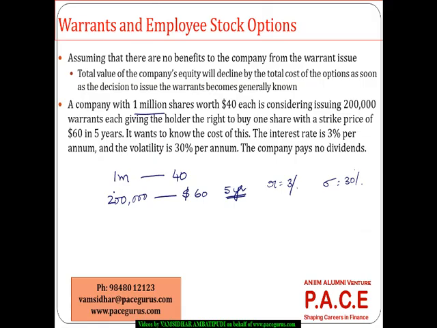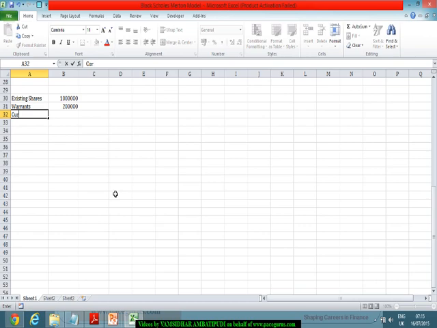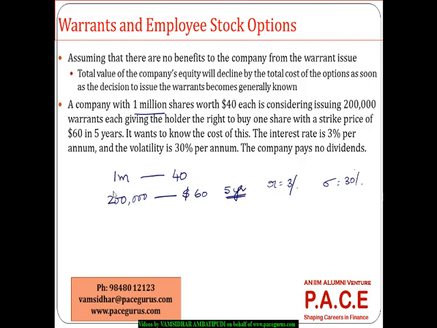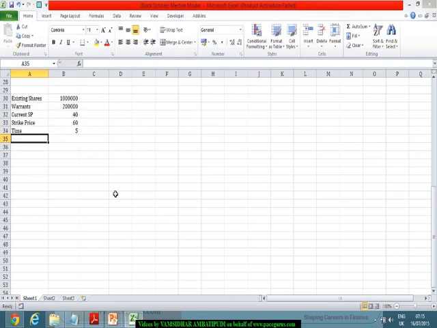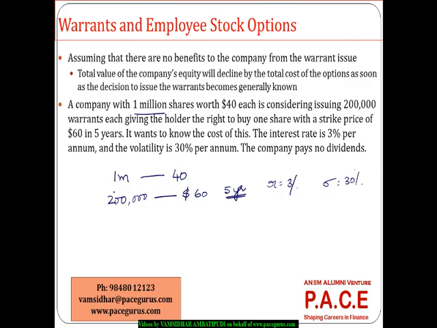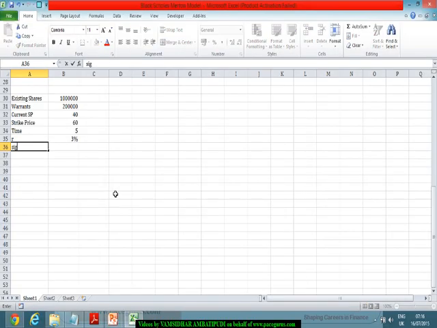Then we are talking of current share price, which is around 40. Then strike price, we are expecting that it is going to be sold at 60. The time period is 5 years from now. The risk-free rate of return is 3% and the volatility is 30%.